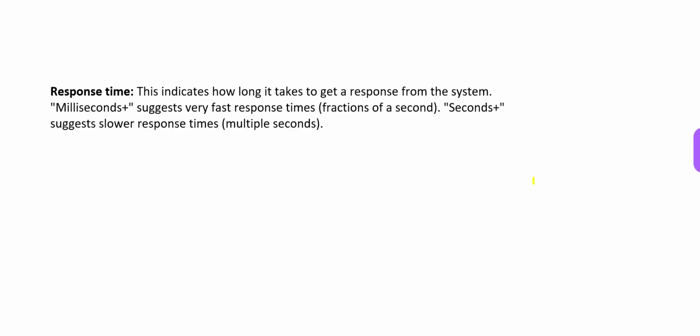You listen to the question, your brain processes it, then your brain thinks of an answer, and the answer comes out of your mouth. This is the response time we are trying to calculate. So milliseconds means a very fast response time. Seconds means it's slower. Multiple seconds is not a good response time.